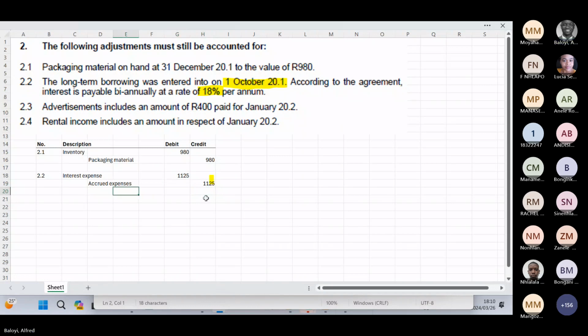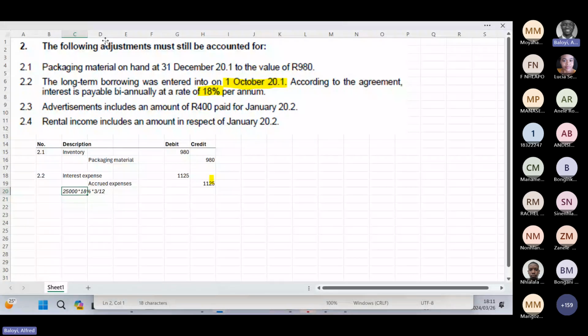We know the accrued expense, as per definition, is the expense that was incurred during the period. However, it will be paid in the coming period, right? So this is the calculation.